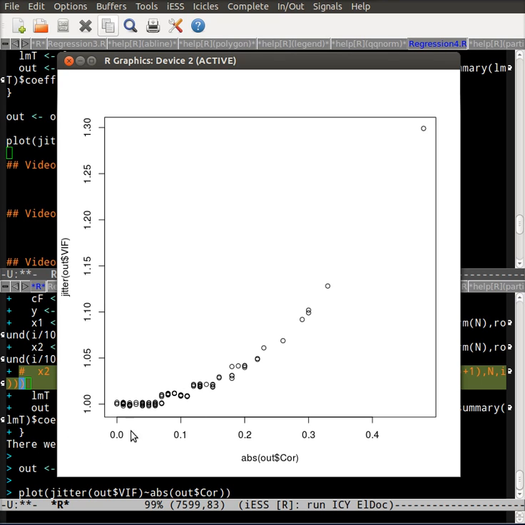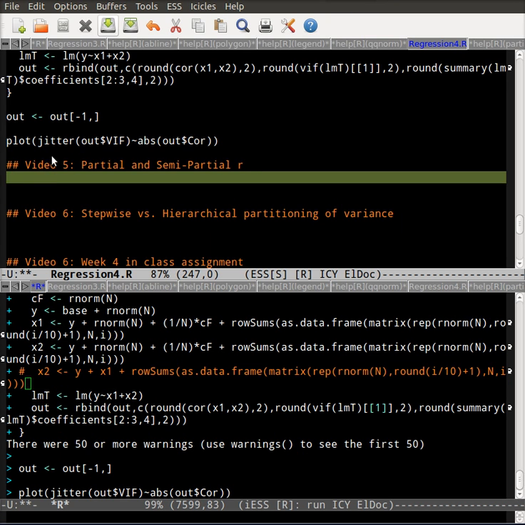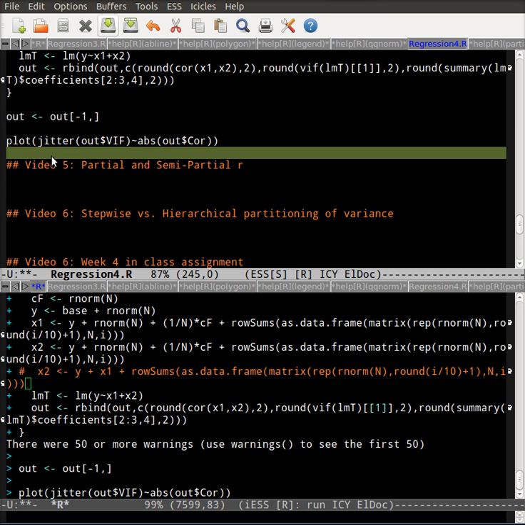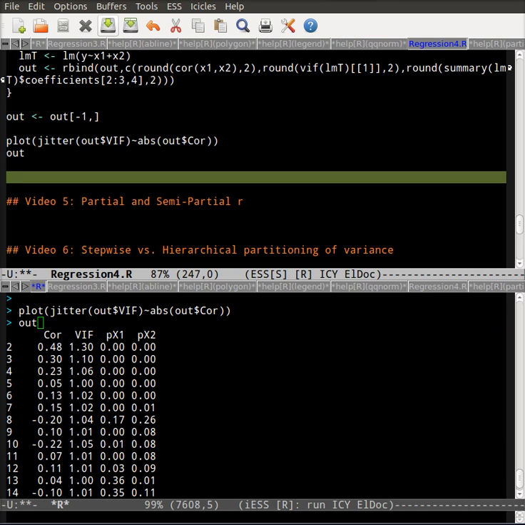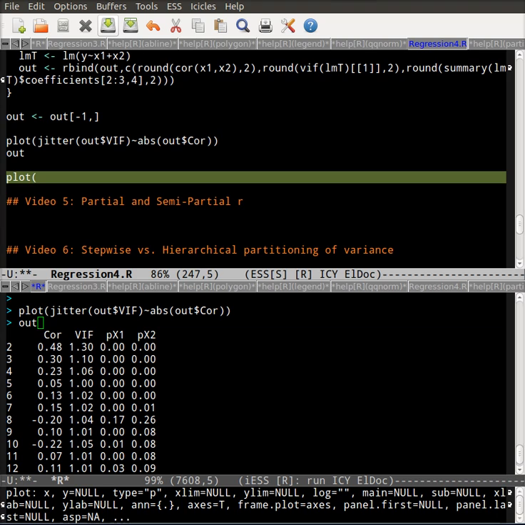And you can see that just with some small values of correlations, all of a sudden we have an increase when we have correlations between two predictors of about 0.3. What we get is VIF values of about 1.1. Well, what does all of this mean? It doesn't mean a whole lot, because what I want to know is whether the decisions change. And instead of looking at the VIF, now I want to look at, how about this?